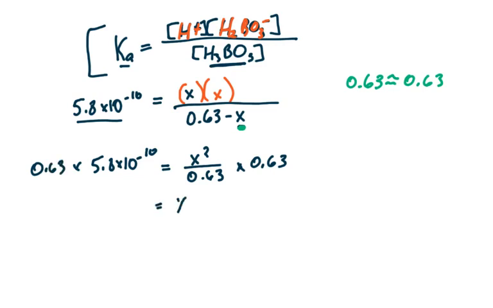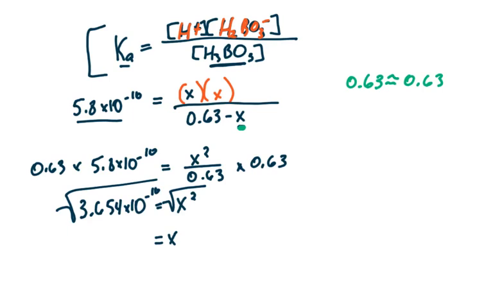When I do that, I end up with X squared is equal to 3.654 times 10 to the negative 10. Then I take the square root of both sides, and I end up with X is equal to 1.912 times 10 to the negative 5.